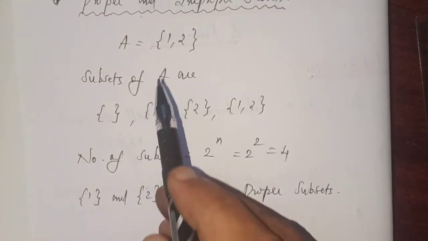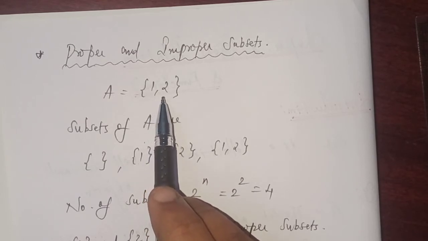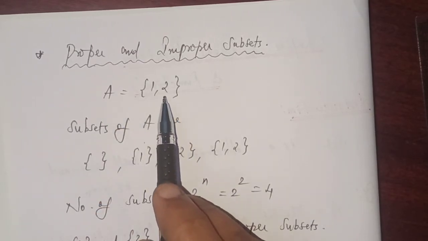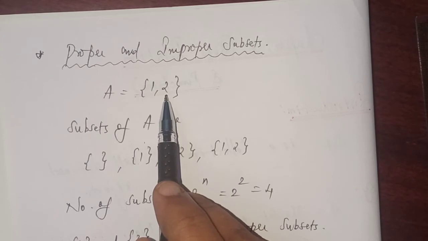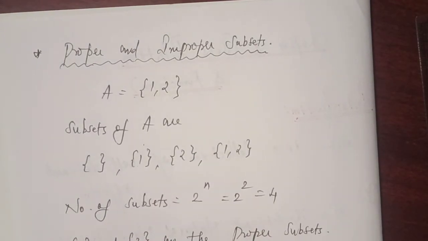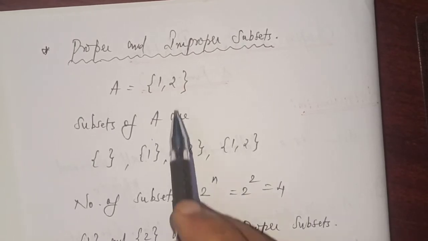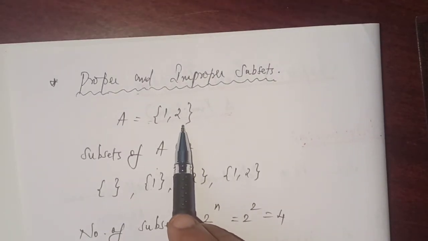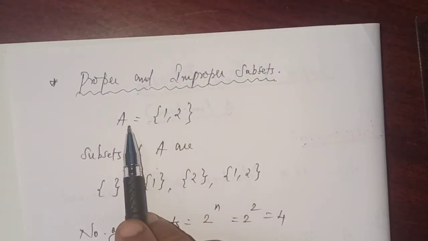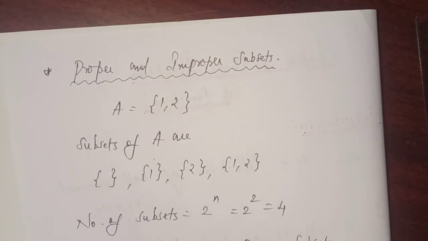That element must be in the set A. At the same time, at least one extra element must be there in the set A. Which one is the extra element here? 2. Therefore, {1} is a proper subset of A. Like that, I consider 2. The same 2 is here. At the same time, one extra element is there in A. Therefore, {2} is also a proper subset of A.